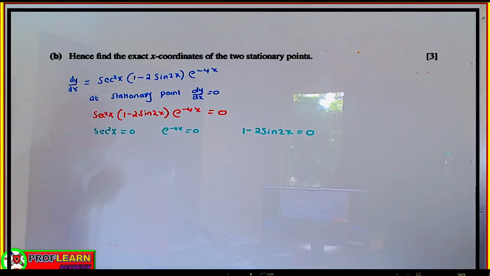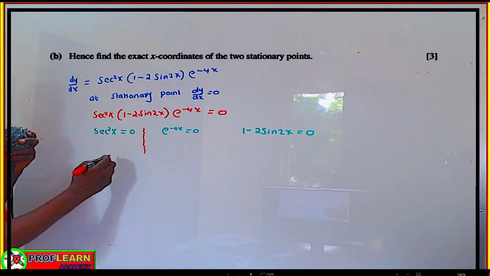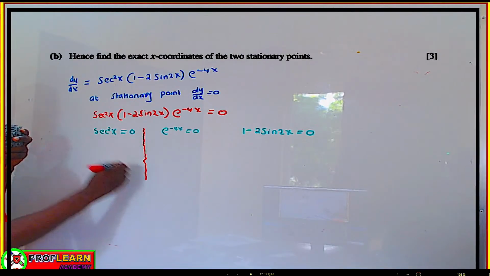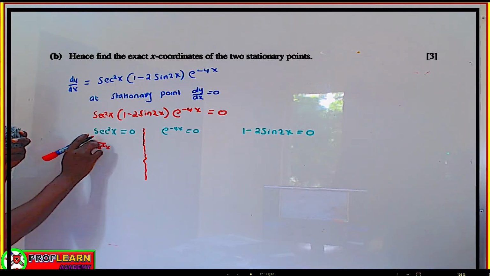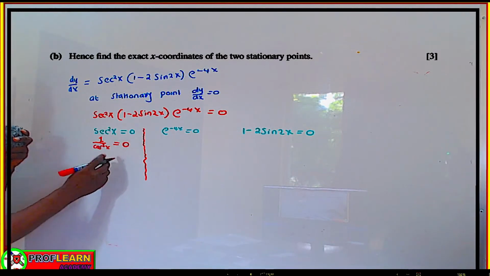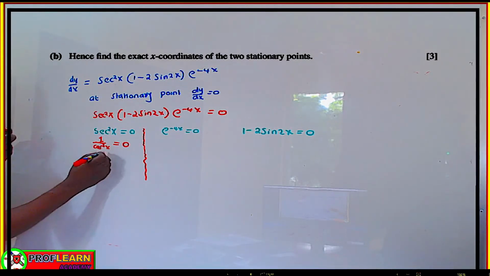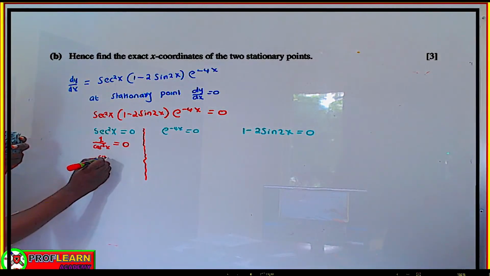If you look at this part at this point, sec squared x can be written as 1 over cos squared x. That is what sec means, equals 0. So if we find the reciprocal, this is going to be cos.